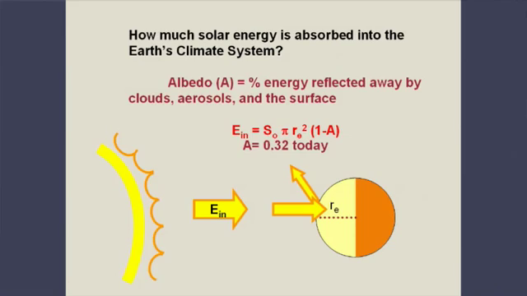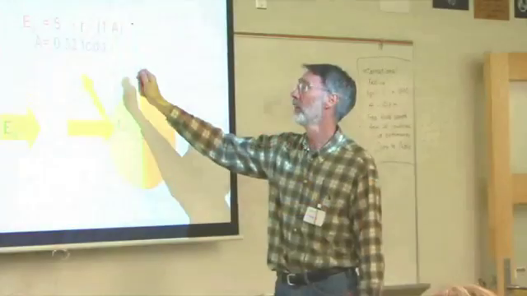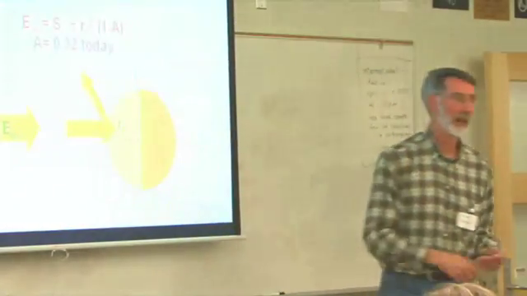It just means if you send a watt to hit the Earth, the Earth doesn't absorb the watt. Part of it is reflected. So the Earth isn't completely black in the solar spectrum. Some is reflected back to space, and so 1 minus the reflection is the amount of energy absorbed. The Earth's albedo is about 0.32, 0.33, 0.34, depending on who you ask.